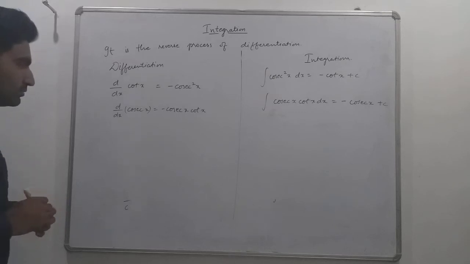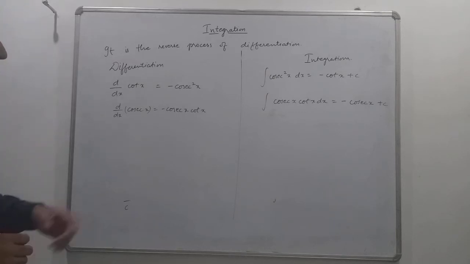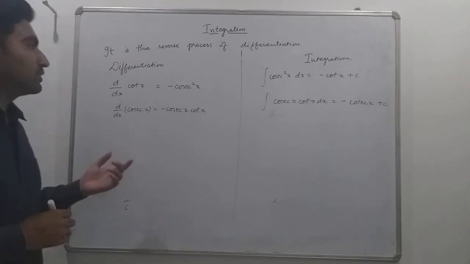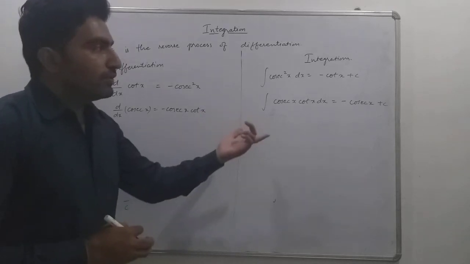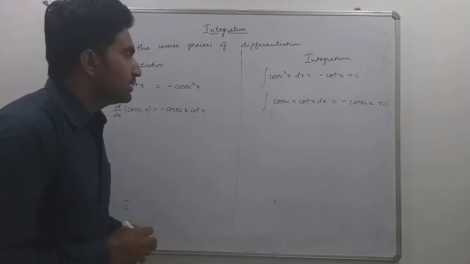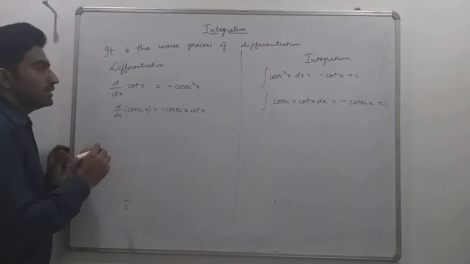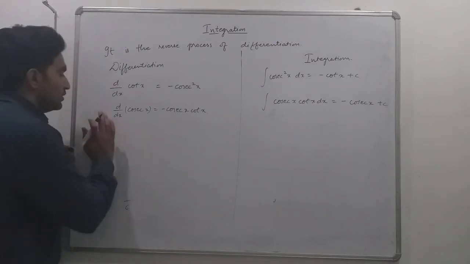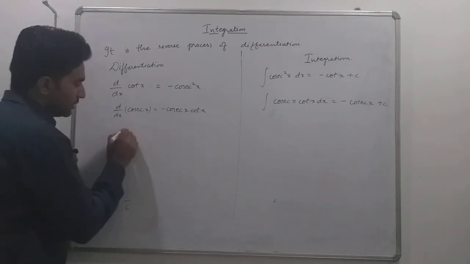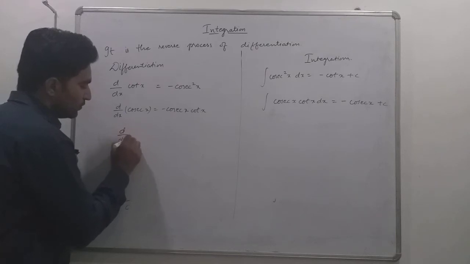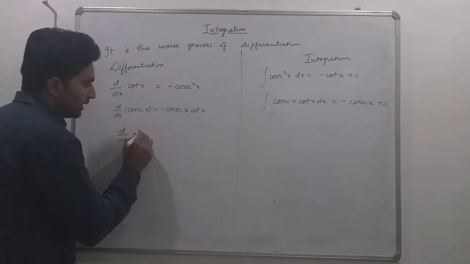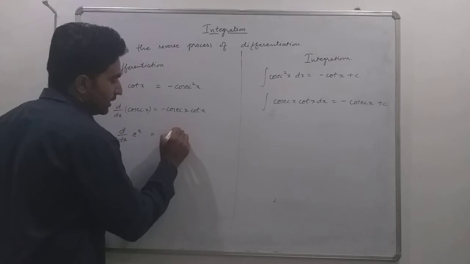Okay, these are some formulas for the trigonometric functions, integration of trigonometric functions. Now we will take the example of the exponential function. Differentiation of exponential x is equal to exponential x.